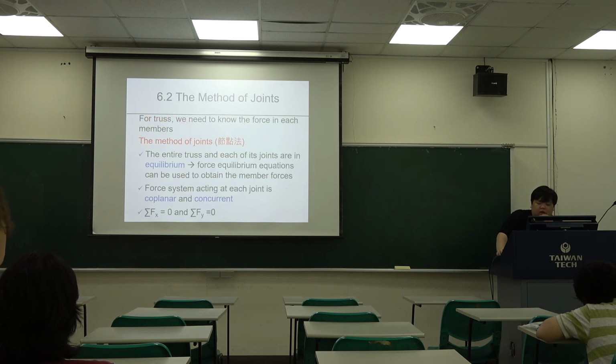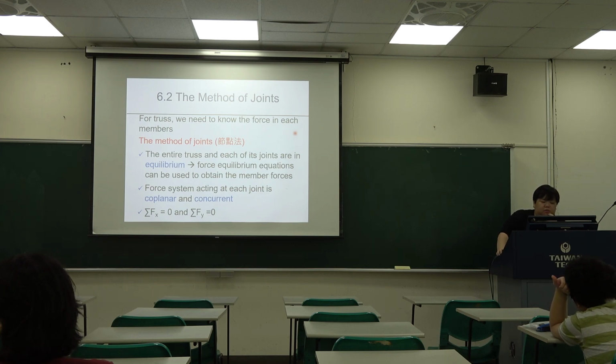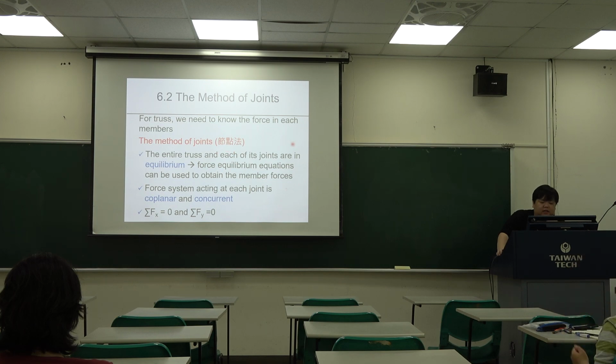Okay, so let's begin by introducing the method of joints. For a truss, we need to know the force in each member, so we can use the method of joints to solve the problem. The entire truss and each of its joints are in equilibrium.